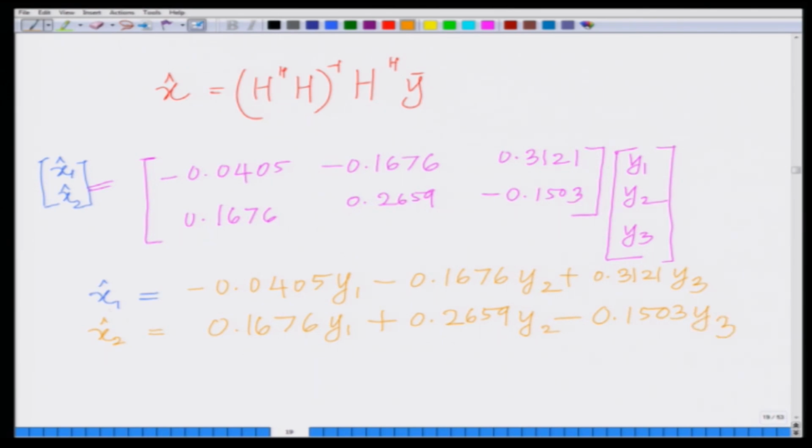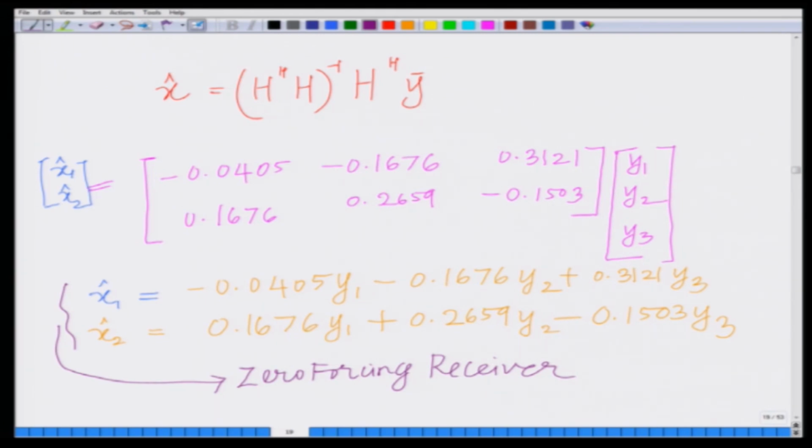So, x1 hat at the receiver can be reconstructed from the vector y bar as minus 0.0405 y1 minus 0.1676 y2 plus 0.3121 y3, and x2 hat can be recovered as 0.1676 y1 plus 0.2659 y2 minus 0.1503 y3, and this basically is our zero forcing receiver.